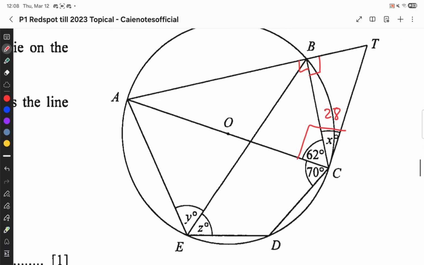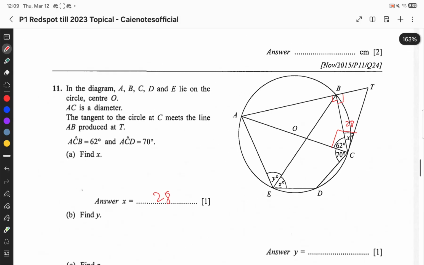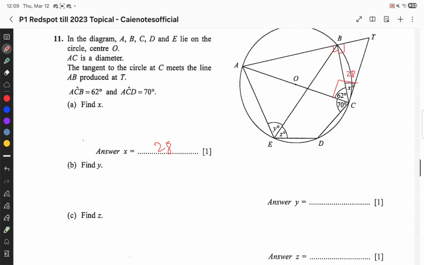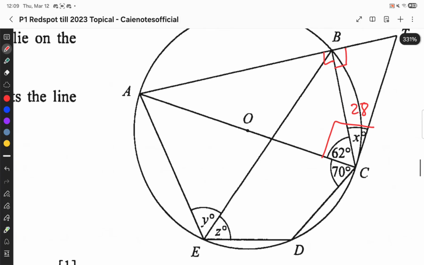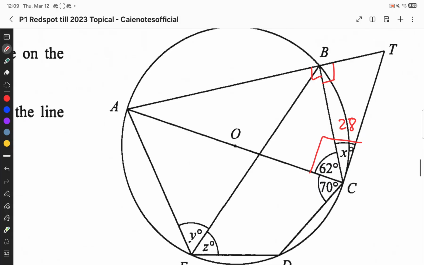How do we find this? Well, first of all, let's find the angle. You cannot just feel like finding any angle. You have to find all of the angles.